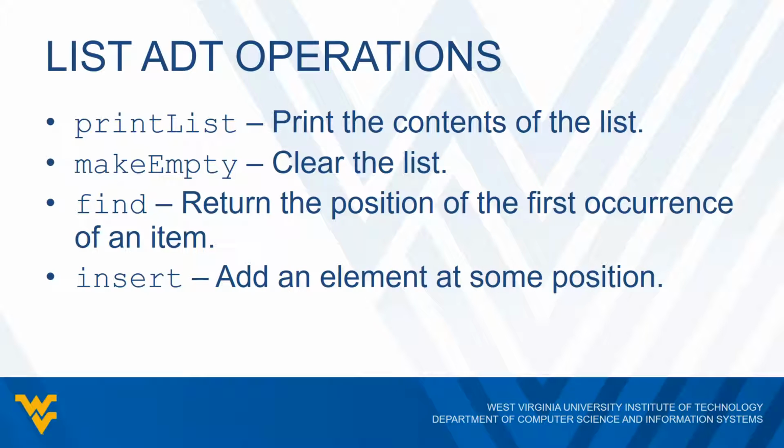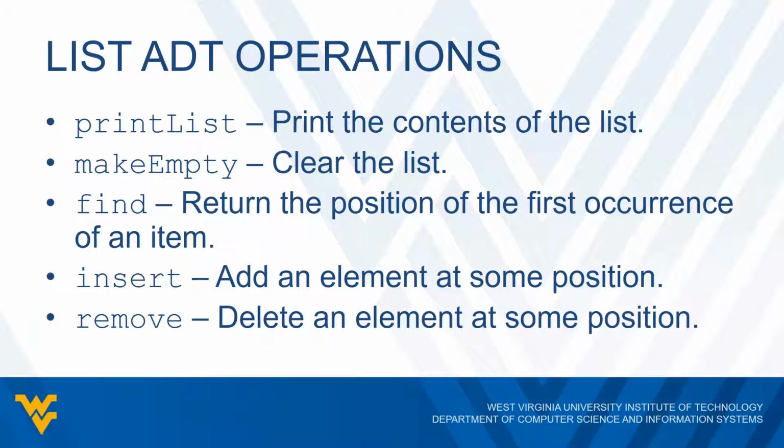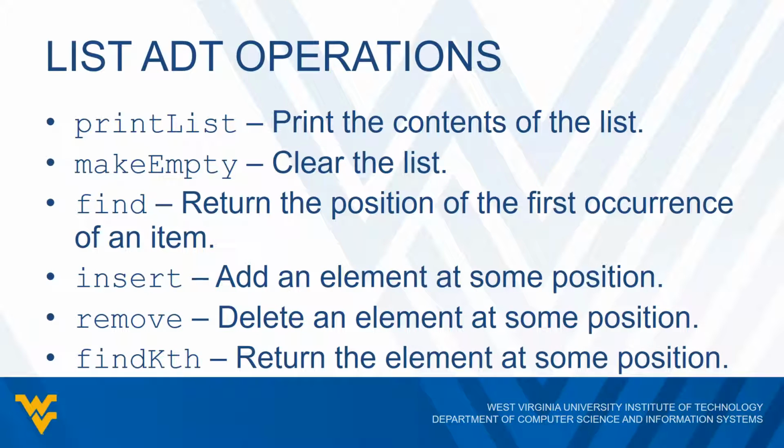We have the insert operation, which would add an element at some position in our list. So we could have multiple versions of the insert operation depending on where we're inserting. We have the remove operation. So this would delete an element at some position. And then finally, we would have the find kth operation, and this would return the element in some position.